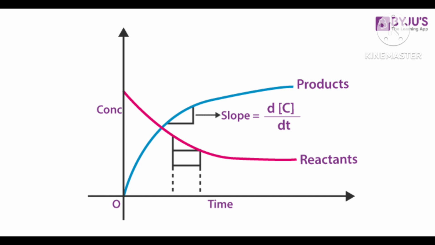What is chemical kinetics? What do you mean by the word kinetics? Kinetics means motion, movement. Here you know that chemistry by its very nature is concerned with change.